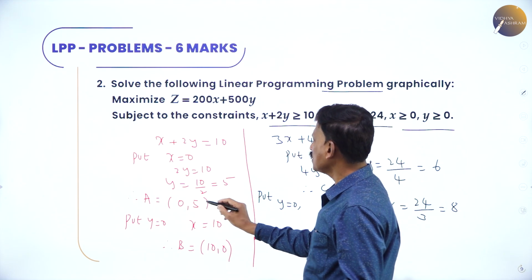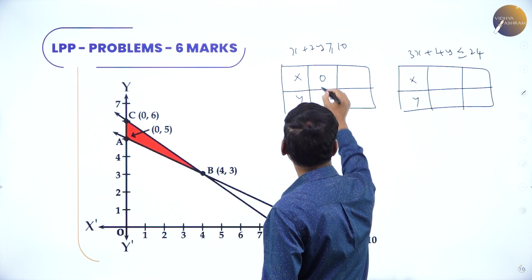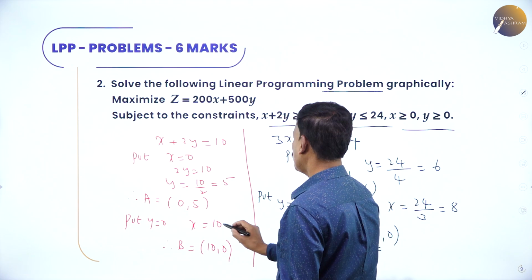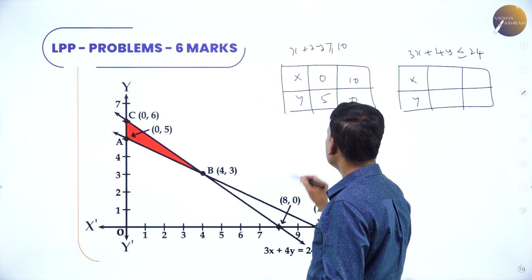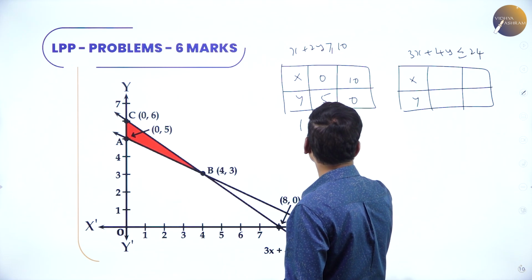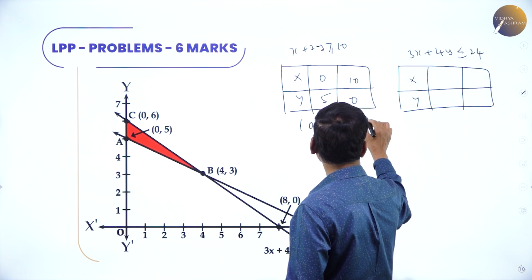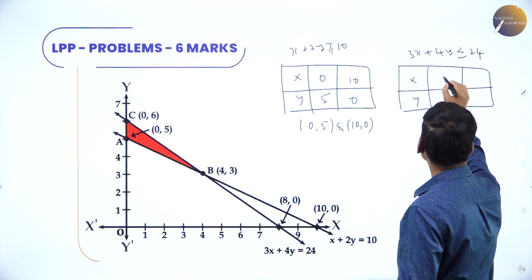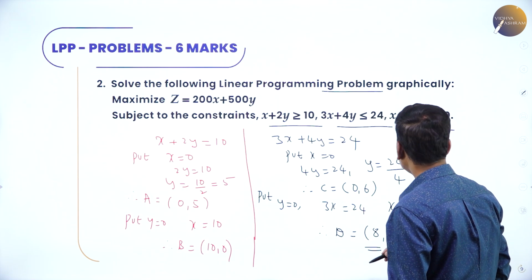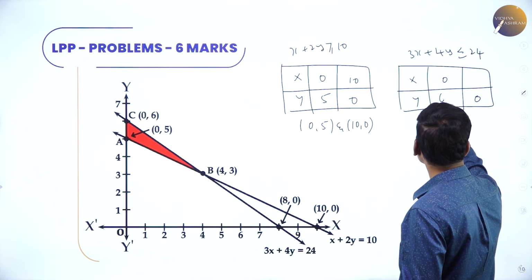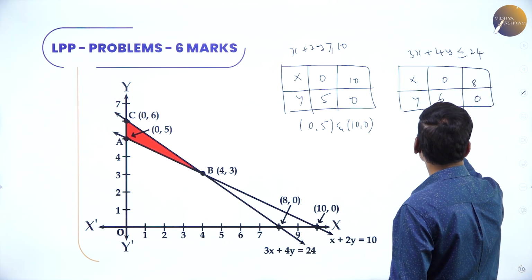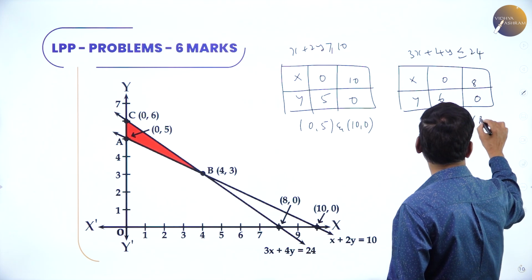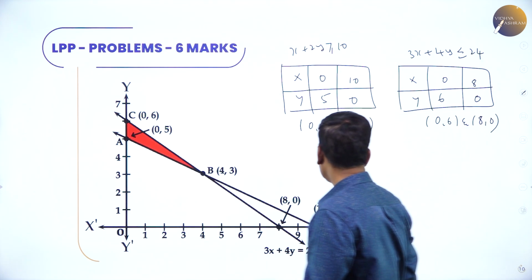So when x is equal to 0, y is 5. When y is 0, x is 10. So the points are (0, 5) and (10, 0). Again, when x is 0, y is 6. When y is 0, x is 8. The points are (0, 6) and (8, 0). Right, these are the points.